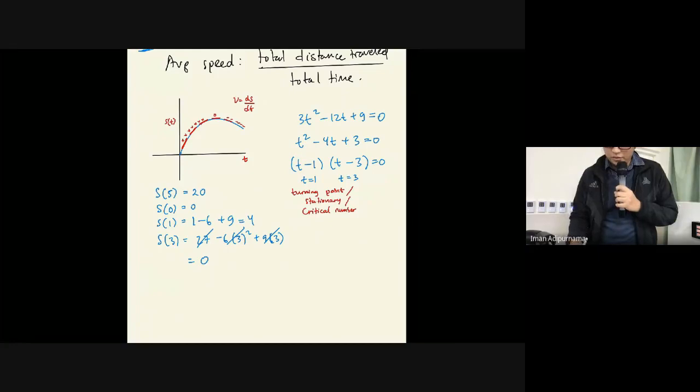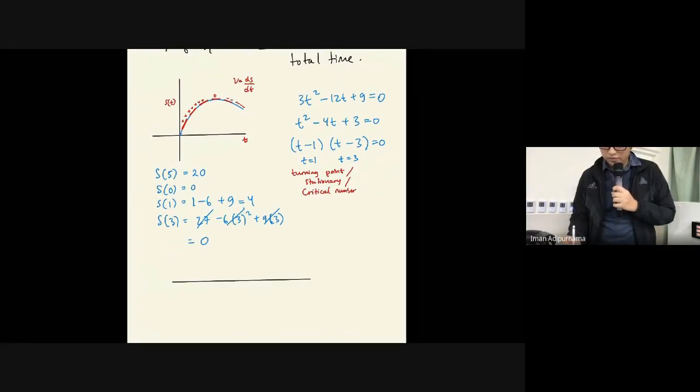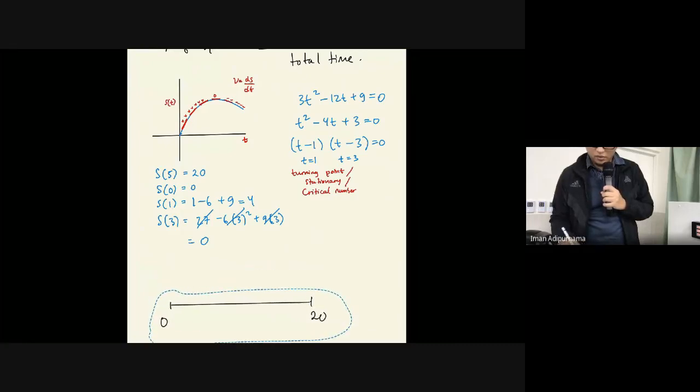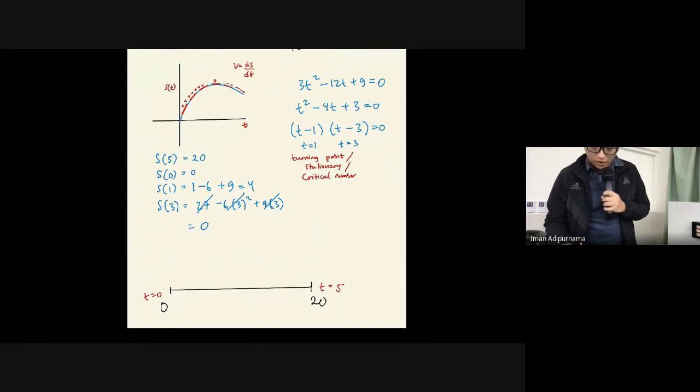So let me draw. This is 0. Let's say this is 20. Let me make this t equals 0, and this is t equals 5, the initial and final points.